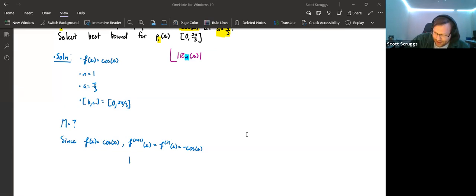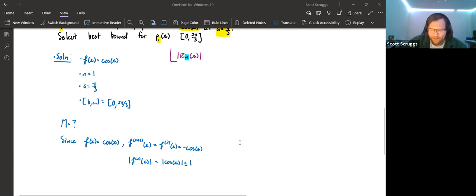And sine and cosine have a nice feature where no matter what I have as my input, it can never be larger than 1. So m would equal 1 here.